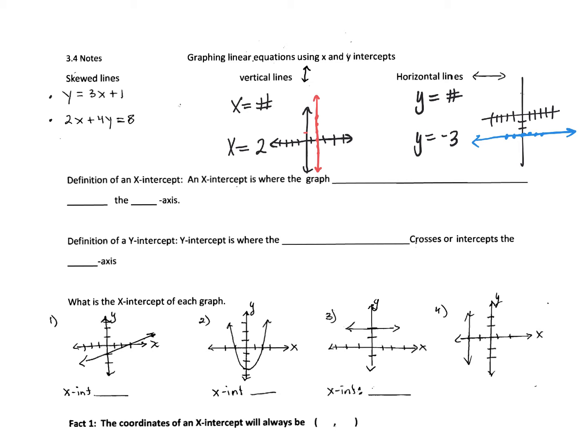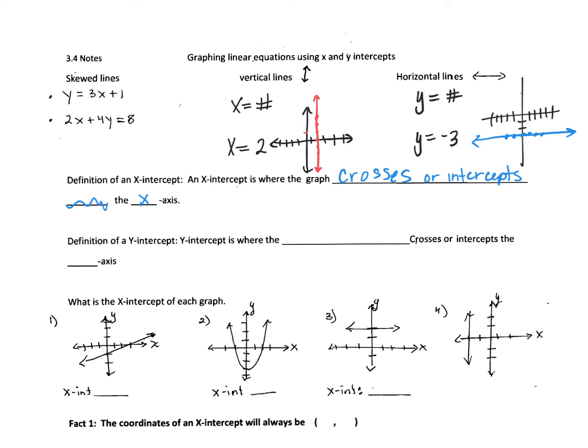So our x-intercepts, an x-intercept is where the graph crosses or intersects or intercepts the x-axis. Okay, my line got a little long here, so it's where it crosses or intersects the x-axis.